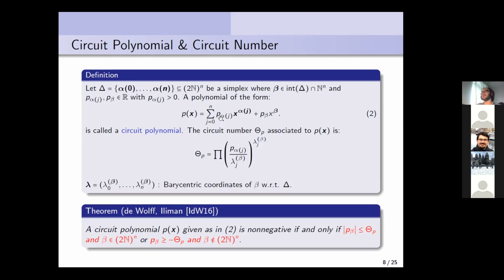Associated to a circuit polynomial, we have a definition called the circuit number, which is just this big multiplication over here. Why it is important will be shown in this theorem, but let me explain what this expression means.